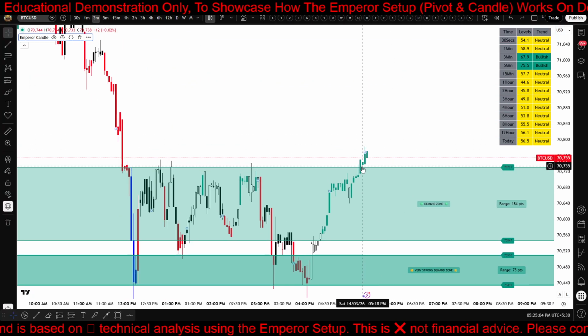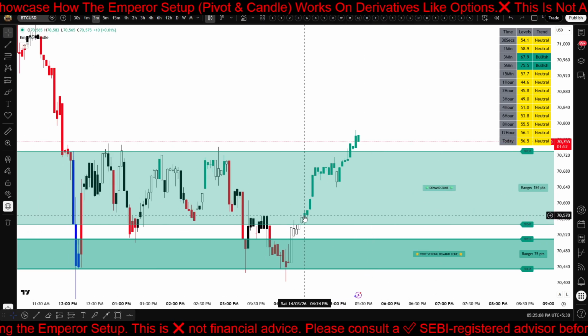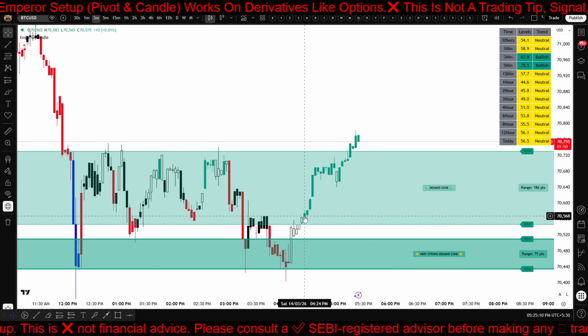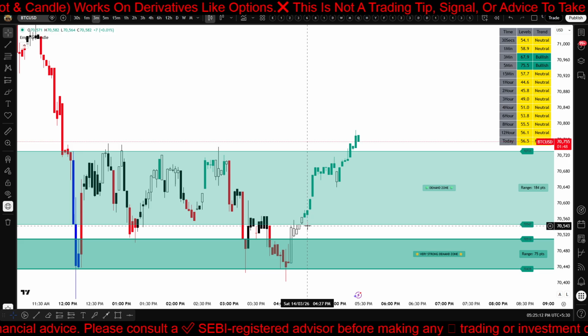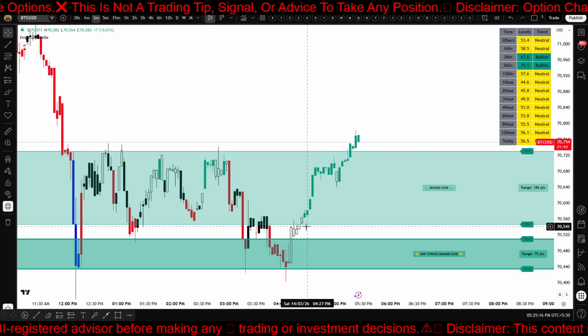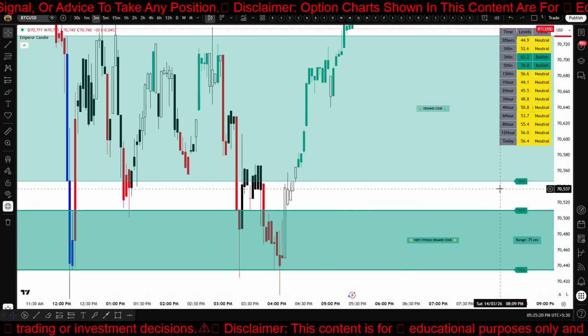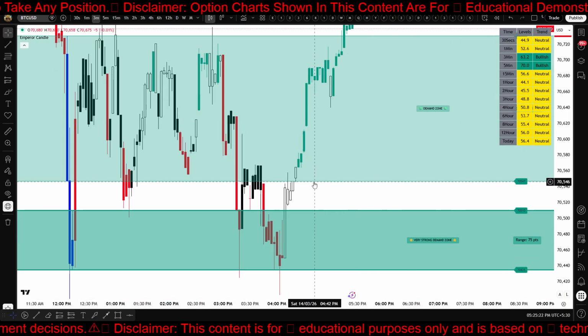Before closing, this was our resistance zone, but our candle was green. So you can enter here for buying and you can set the stop loss at this line. If any candle gets closed below this low line, 70,547, then you can exit that trade.